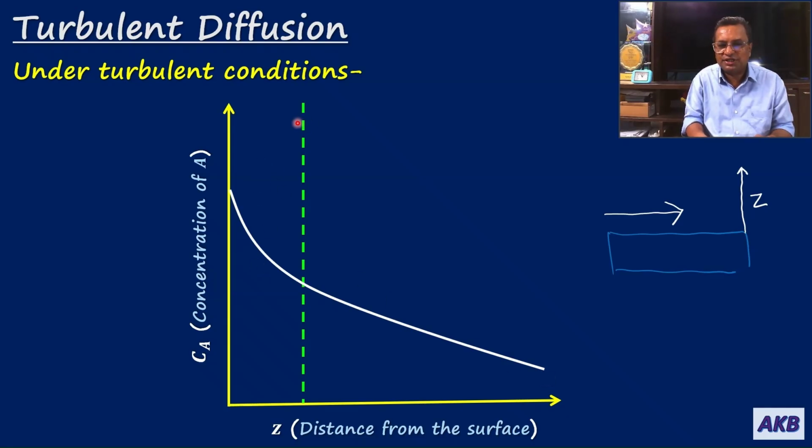Most of the concentration gradient is lying within the film. I hope this is clear to you. So when you have a stagnant film at the surface, then most of the concentration gradient will be existing in that film. Let us move on.